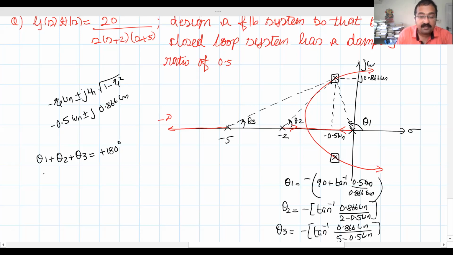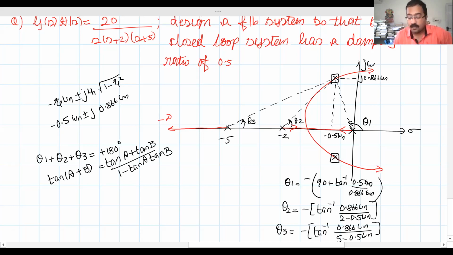Substitute that here and solve. How will you solve? Using tan of a plus b. What is tan of a plus b? Tan a plus tan b divided by 1 minus tan a tan b. If you do this simplification, you will get your omega n as 1.5 radians per second.